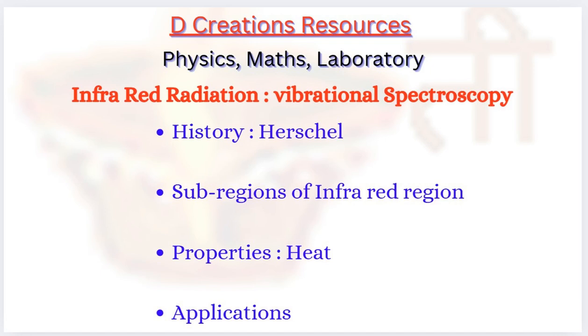If you want to remember it, the terminology near infrared means near to visible light, right? Because what is the wavelength regime for visible light? 400 to 700 nanometer. So beyond 700 nanometer up to 1300 nanometer, the region is near infrared. You can remember it that way.